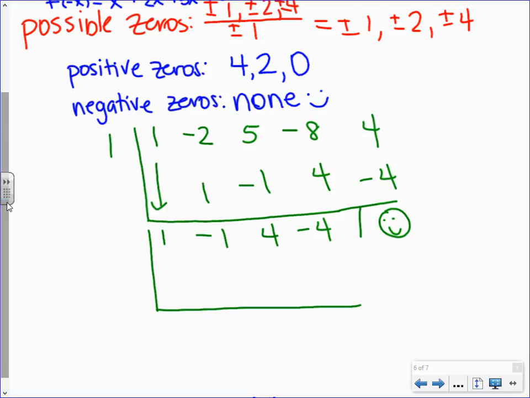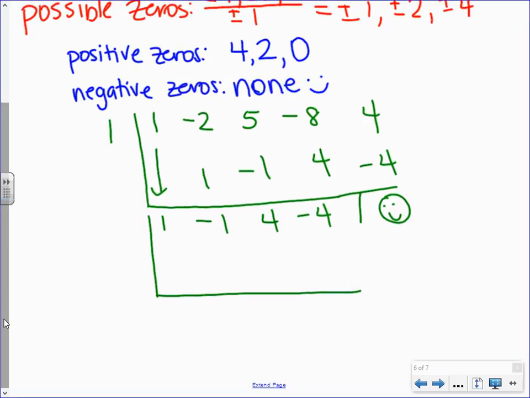It doesn't matter. I've already drawn up my synthetic division, so I'm going to do synthetic division again. Since we can't really cross off 1, let's try 1 again. Some of you are factoring by grouping, and I think that's great.